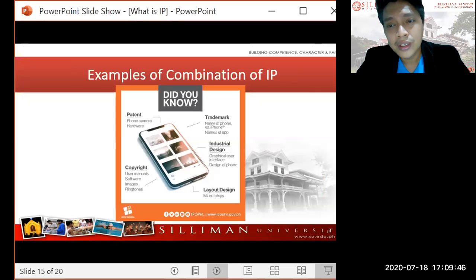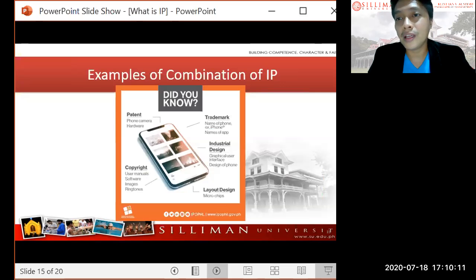Copyrights: user manual, software images, ringtones, the program itself is considered copyrighted. And of course, we have the layout design, which was not discussed, the electronic circuit design. So the microchip itself is protected by another IP.